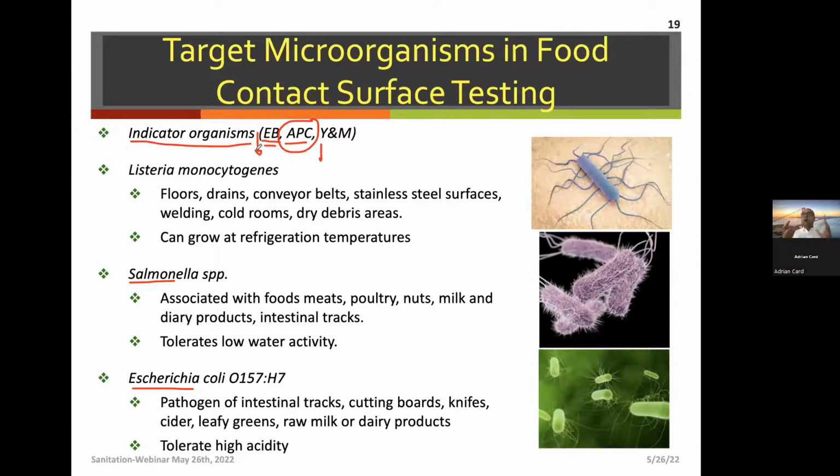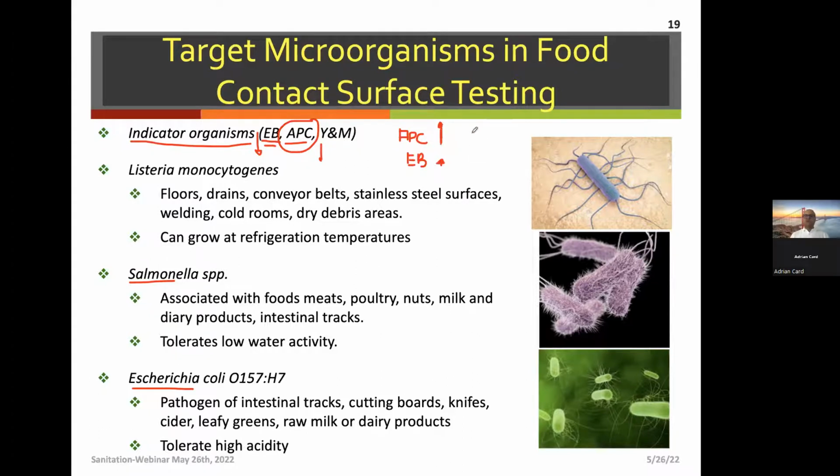Okay, so how would you know? If you were to do APC, aerobic plate count, as a verification activity first, APC means all the organisms that could be there. And then you decide to do Enterobacteriaceae organisms, for example, the results will be populations much higher on APC and populations much smaller on Enterobacteriaceae organisms.